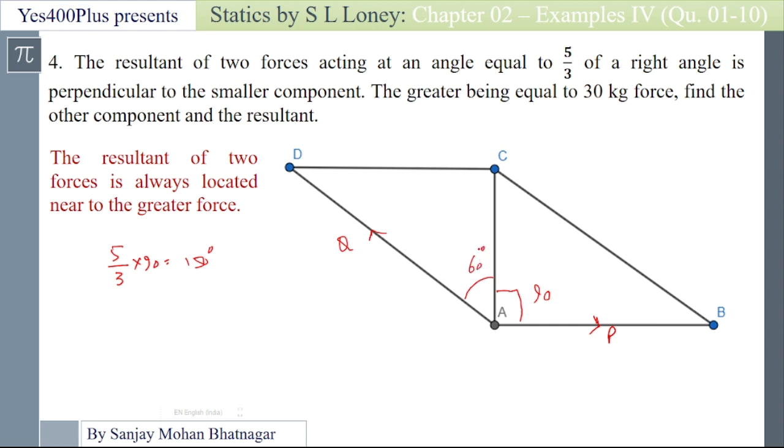Simple. So obviously this resultant is nearer to force Q. So Q is equal to 30 kg.